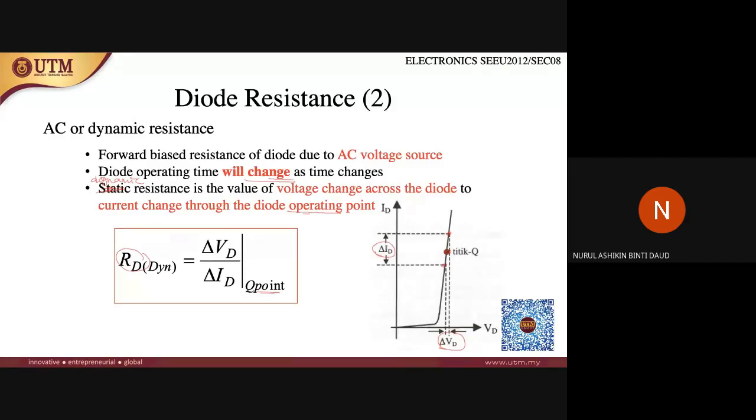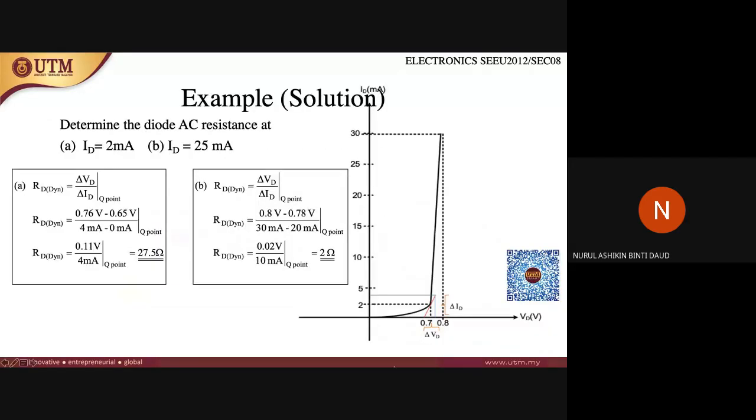Is that clear? So, for example, for this question, for 2 milliampere current, it is at this point. You can't directly take the 0.7 volt value. You need to take one point above 0.7 and one point lower than 0.7.